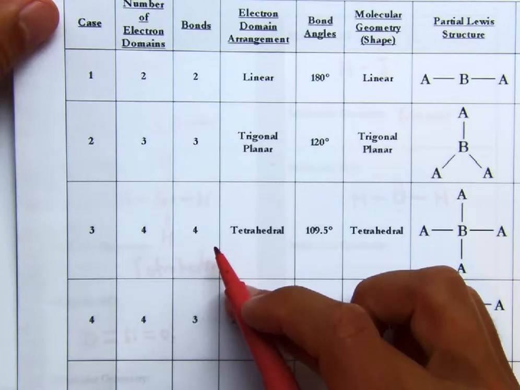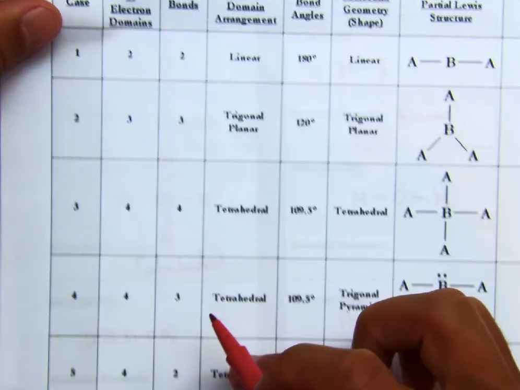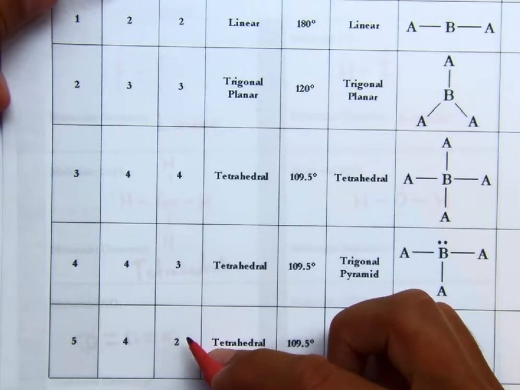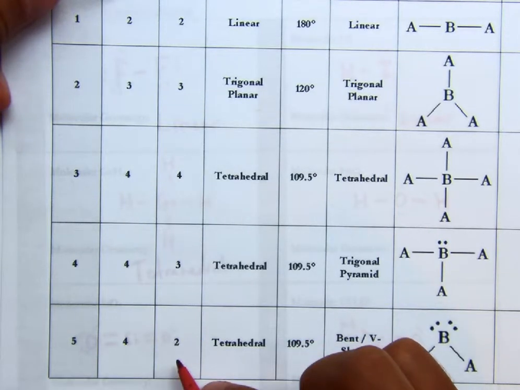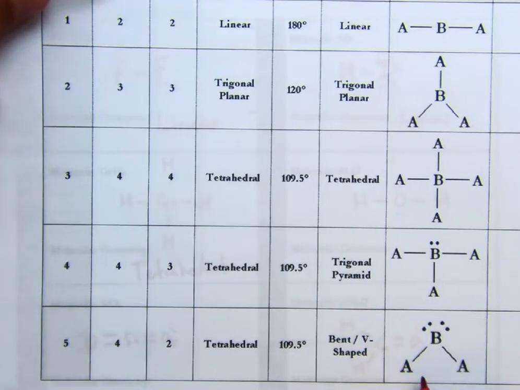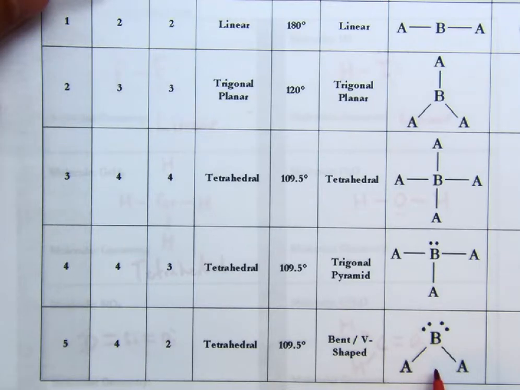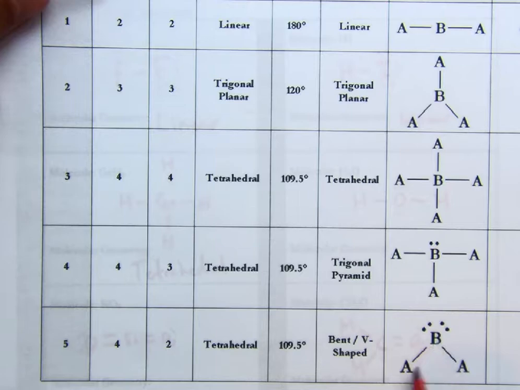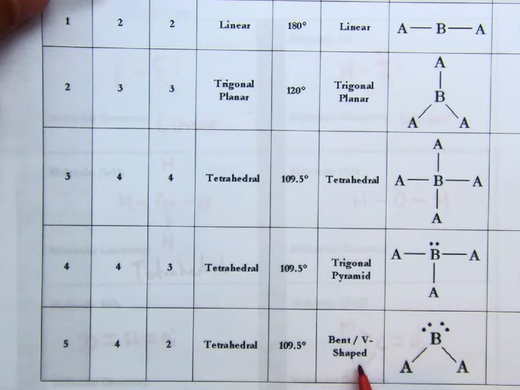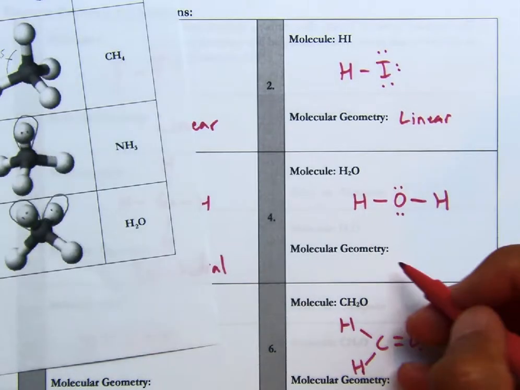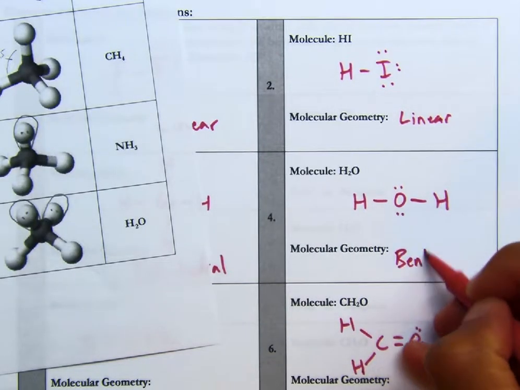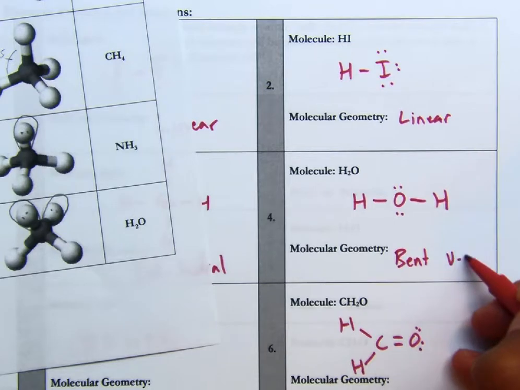Number of bonds, not 4, not 3, but right here, 2. 4 domains and 2 bonds. If we go over this way, does our Lewis structure look like this? Sort of, right? I drew it a little different, but we have a central atom that has 2 bonds and 2 lone pairs. That's called bent or V-shaped. So the geometry is bent. You could also write V-shaped.